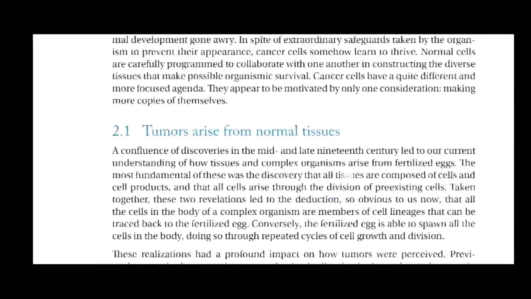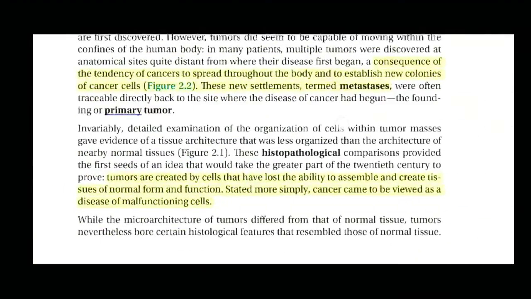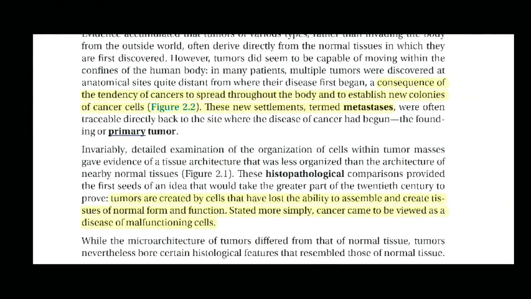The next thing is metastasis. What exactly is metastasis? Whenever cells migrate from one region to another, I'm talking about the primary tumor cell. The primary tumor cell migrates from one region to another by a mechanism called epithelial mesenchymal transition.